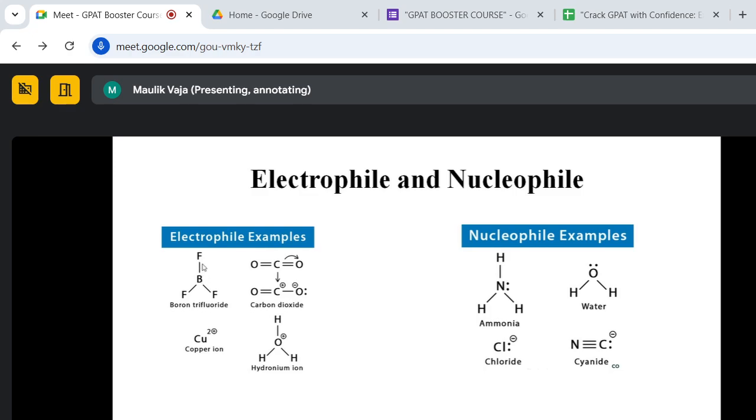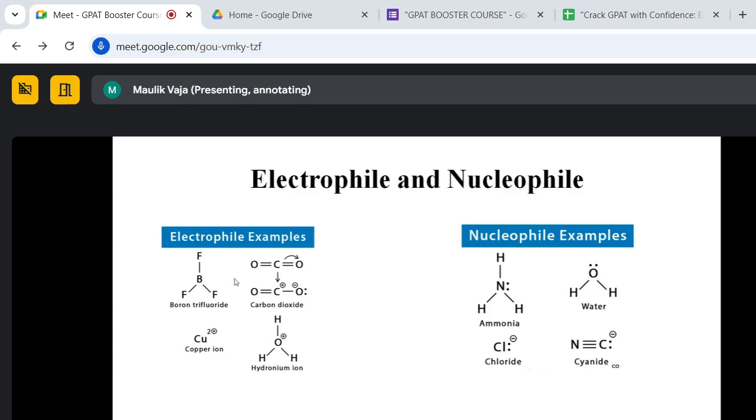Boron becomes electron deficient, so it will attract electrons, and that's why these become electrophiles.